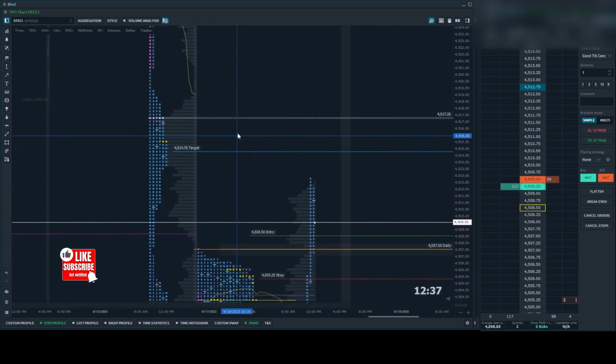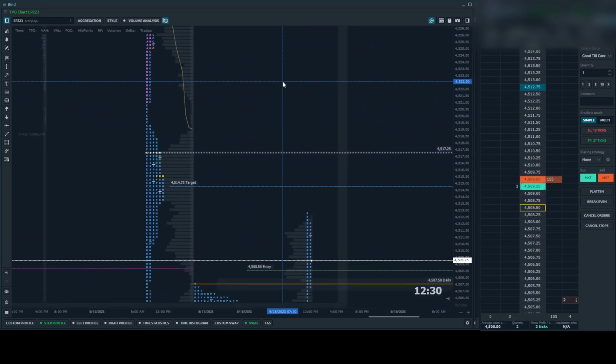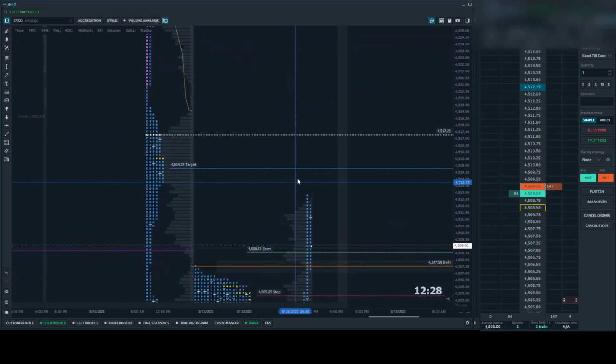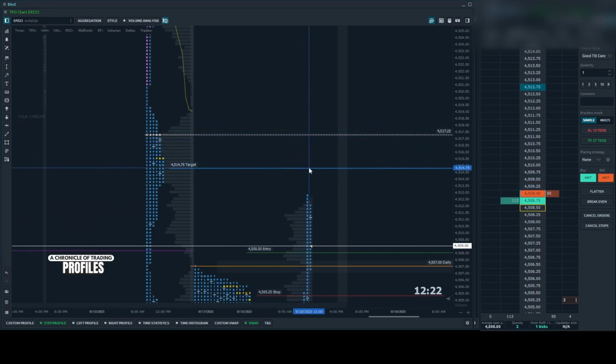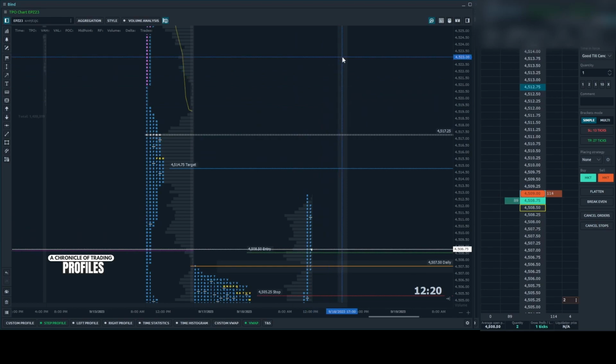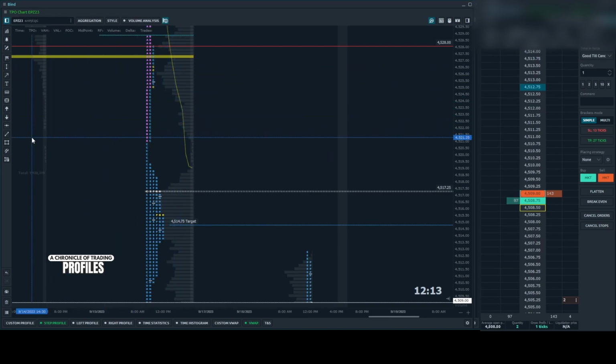So if we were to get a big push up here, I could try to hold one of my contracts up into this area, but I would just keep moving my stop up. So we'd have to get up here and it'd have to push pretty good, and then just put a stop in. And then I would let this run the next leg up. You'd have to get into this node here.